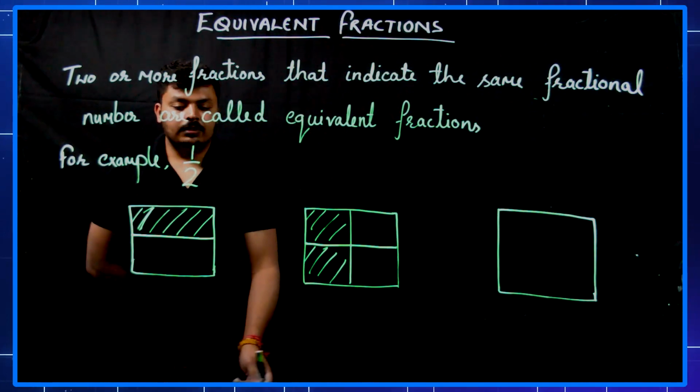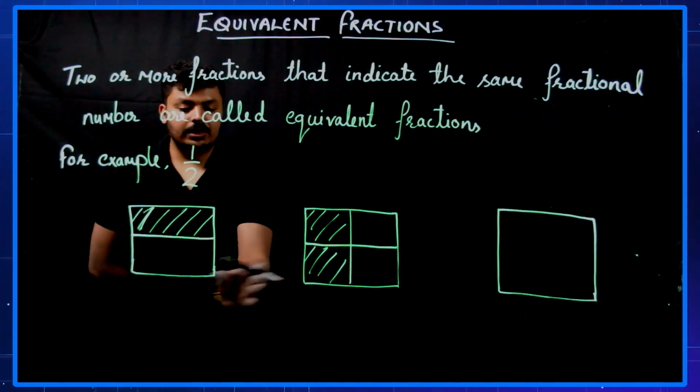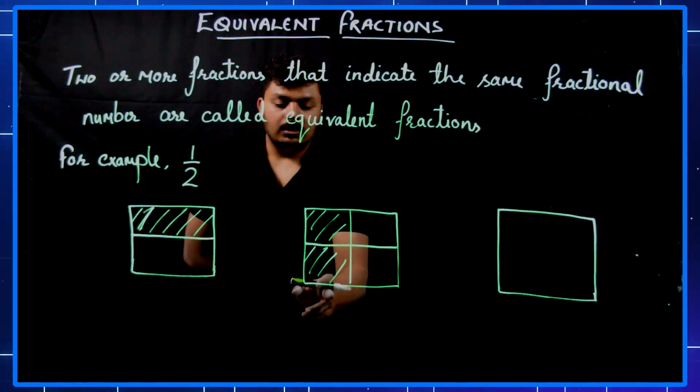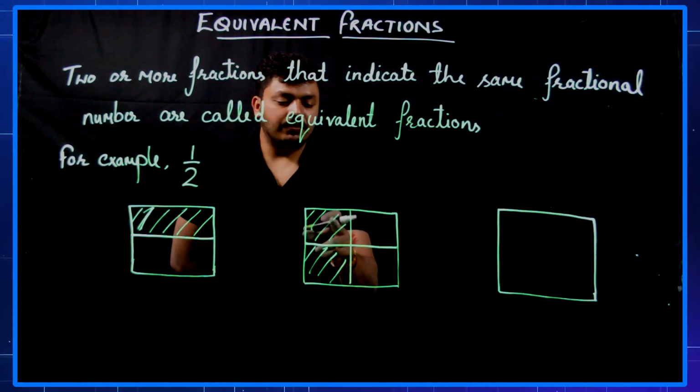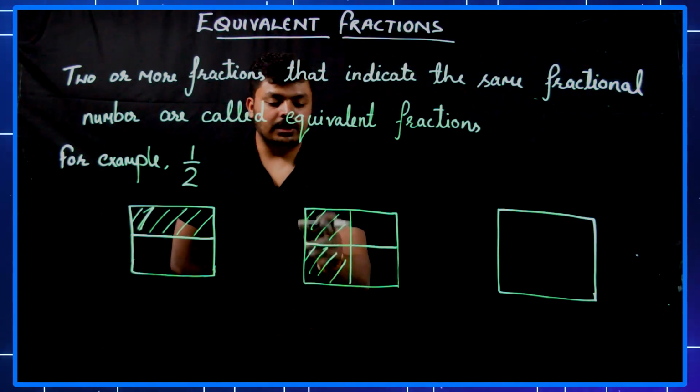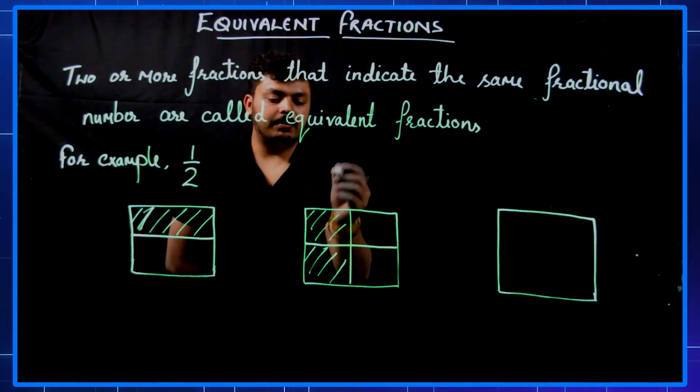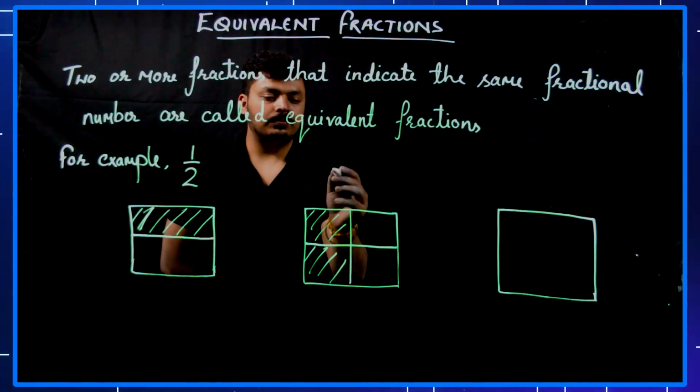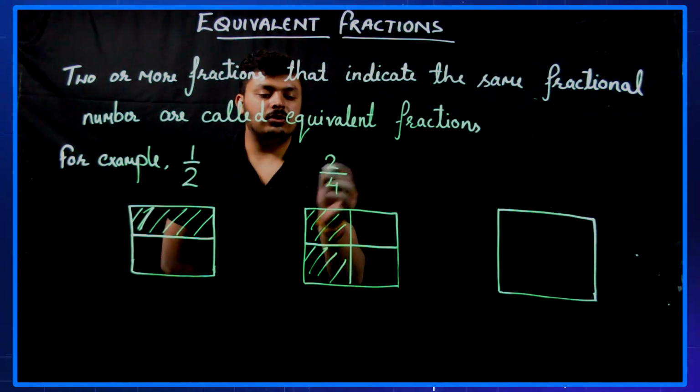In the second figure, that is of equal dimension as figure 1, we have divided the figure into 4 equal parts and 2 parts are shaded, so it represents 2 out of 4. So total there are 4 parts and we are taking 2 out of it.